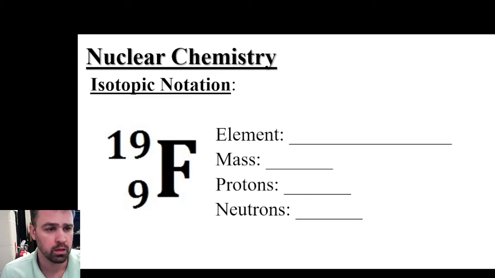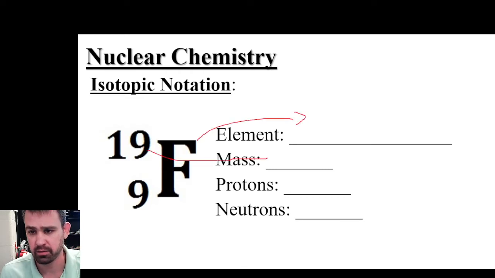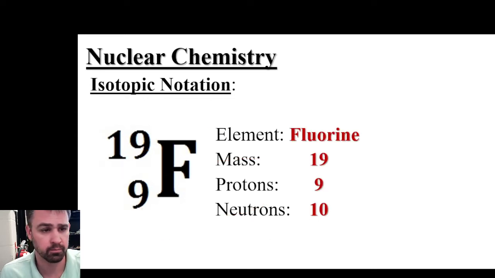Next one, same concept. Element goes here. Mass is found right there. Protons are found there. Neutrons are just 19 minus 9, and then that number will go there. And that's where all of those numbers came from.